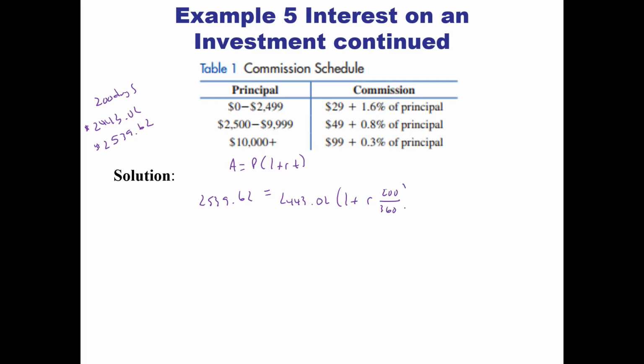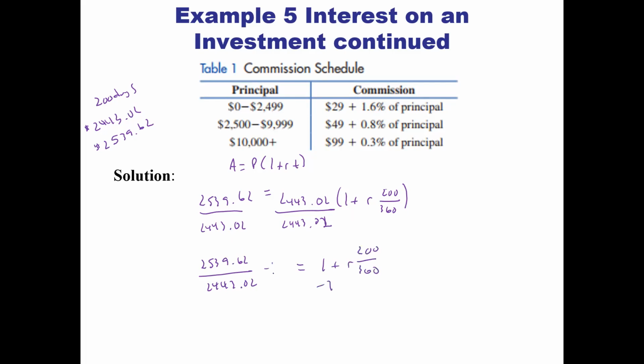Now we have to plug all that into our calculator. We're going to divide by 2443.02. So 2539.62 divided by 2443.02 is equal to 1 plus R times 200 over 360.